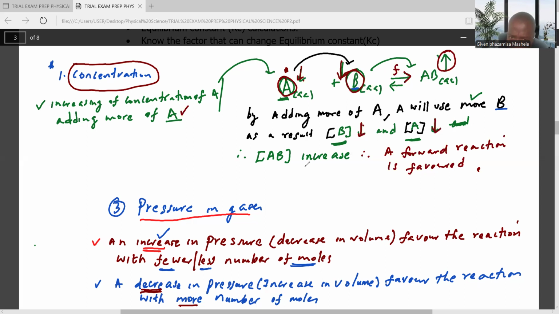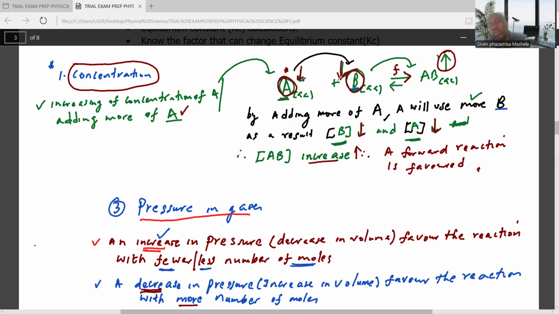So as a result, AB will end up increasing, and a forward reaction will be favored. The opposite would be the same: removing more of A will use less of the B, which will be the opposite case.